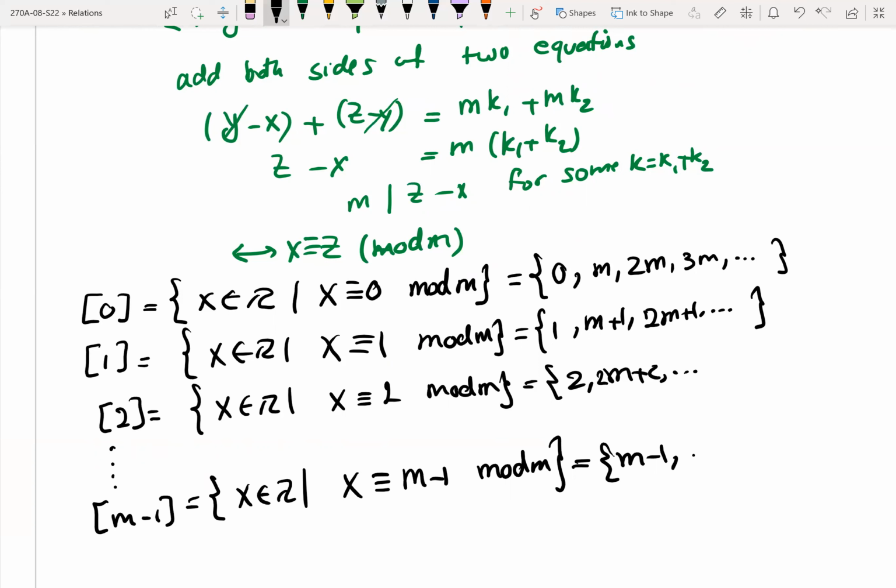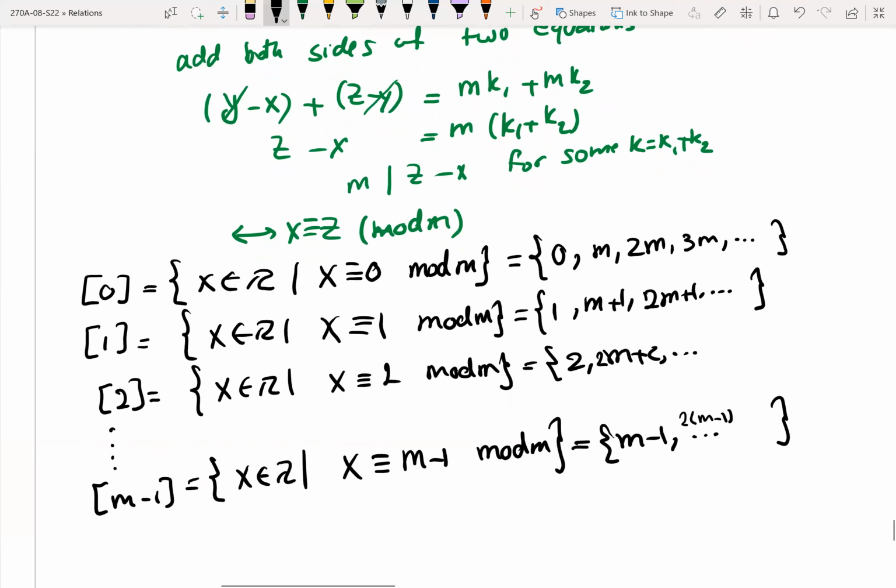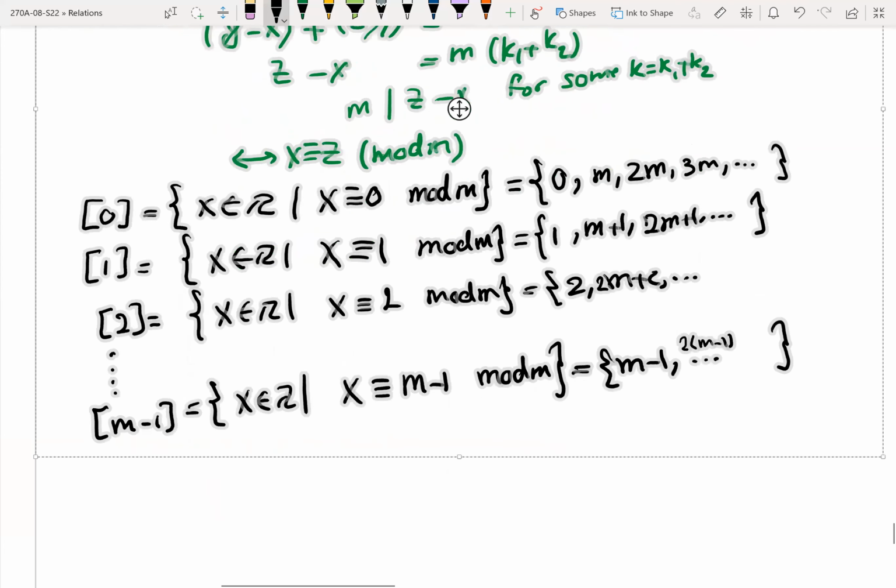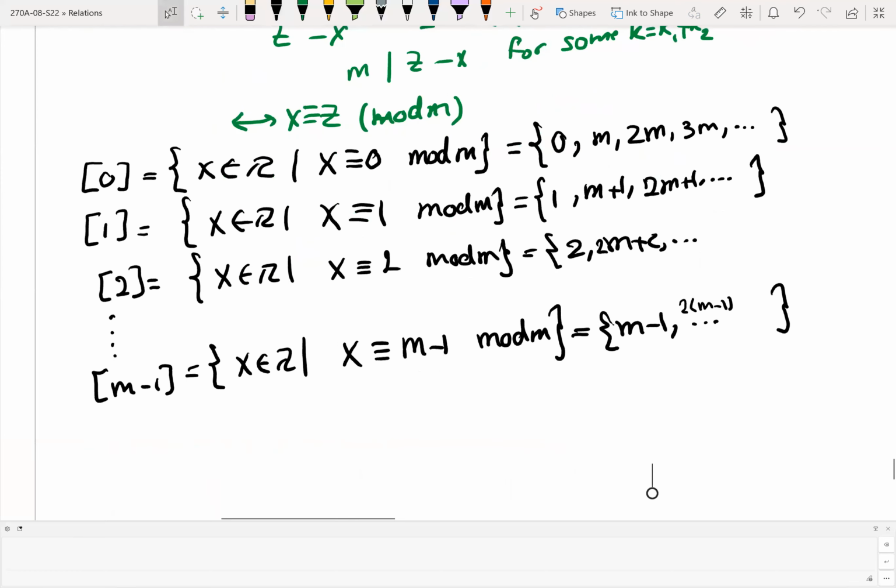I'm not going to write 2 because that would be really complicated if you want to write it in this one. You have to replace any m by m minus 1, so then it's going to be 2m minus 1. Don't worry about that, okay? So the question asked me, how many classes of equivalency do I have?